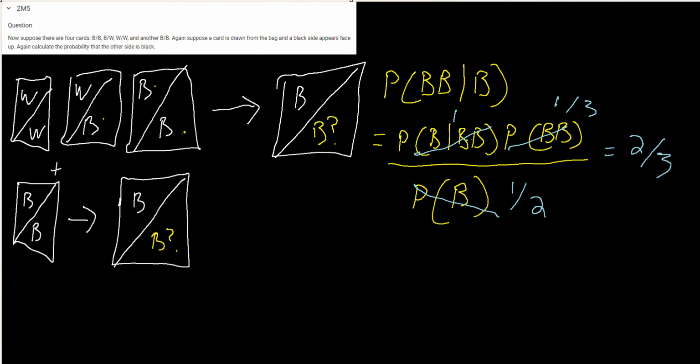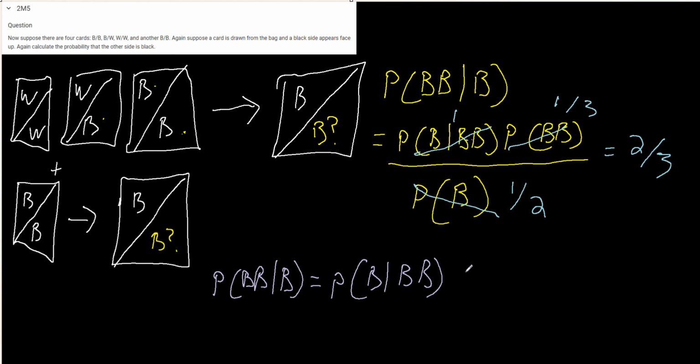Okay, so let's use a different color. So we're just going to go back through and put this into Bayes' theorem again. So now we have the probability of black, black, given that we've observed black. Just copying this down from above, and we'll try to figure out what the values are.